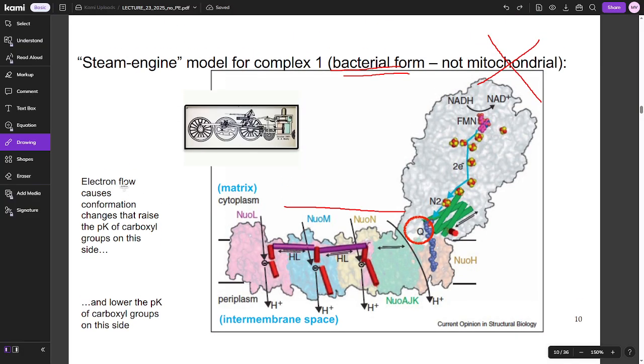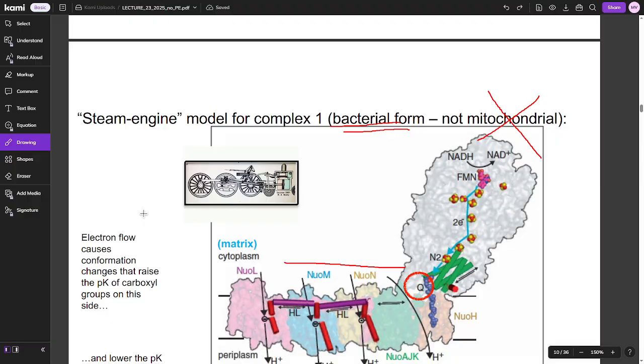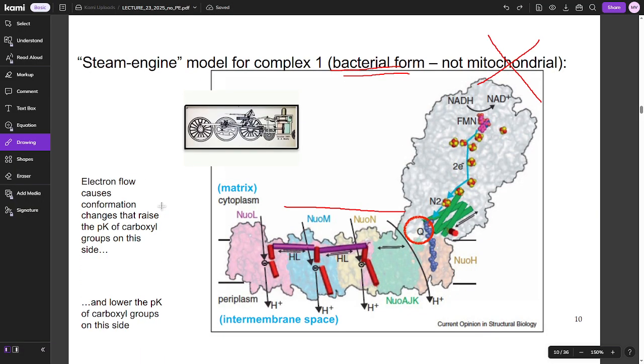So the electron flow basically causes a conformational change. The way that all of these proton transfers work is we have a carboxyl group that gets protonated and then deprotonated depending on the side chain pKa's. So you can imagine that as electrons flow, there's a conformational change that causes the carboxyl group pKa to raise, which makes it more basic, right?